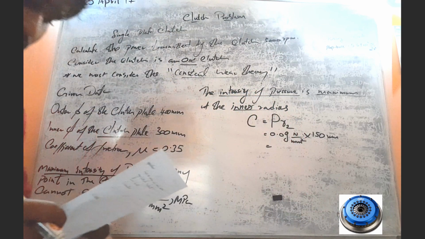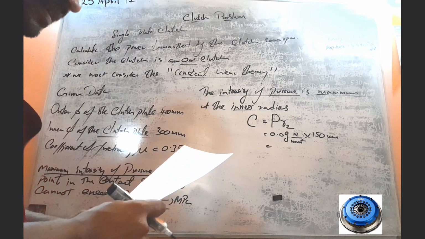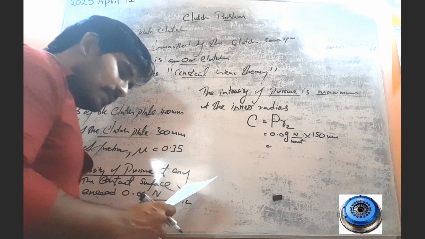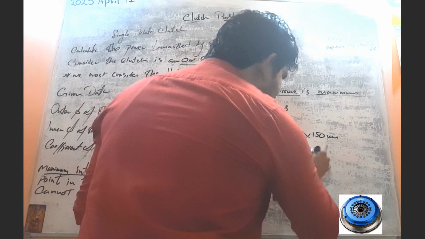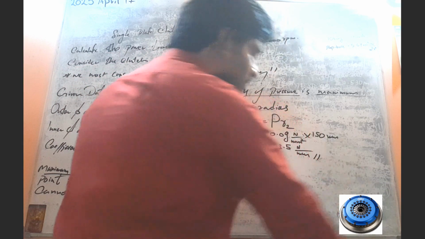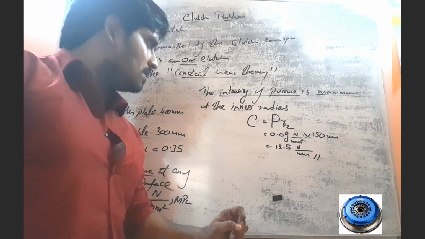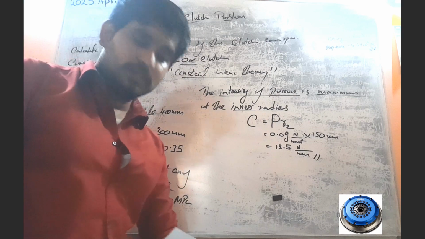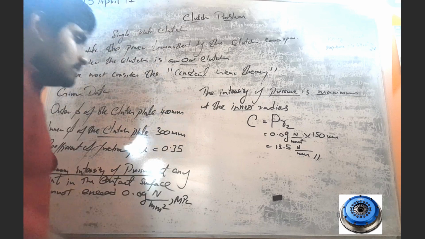If you carefully do the calculation, you will obtain 13.5 newtons per millimeter. This is one part.